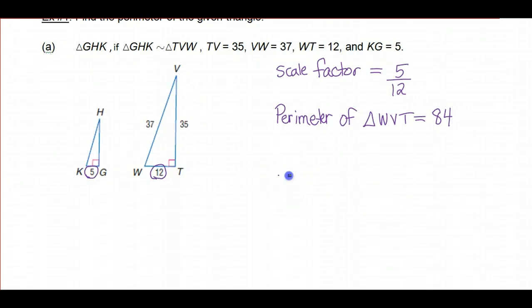All right, so now we're going to set up a proportion relating the scale factor. So we know that the triangles have a scale factor of 5 to 12. And then the perimeter of the larger triangle was 84. So where are we going to put that? In the numerator or denominator? Denominator. And then I'll put a P here. That's going to represent the perimeter of the smaller triangle.